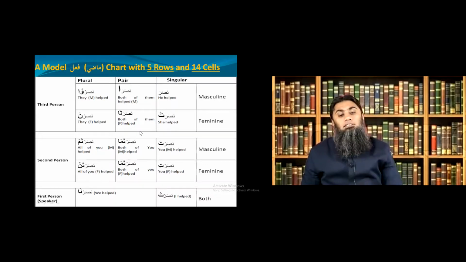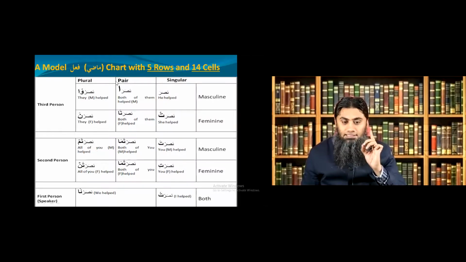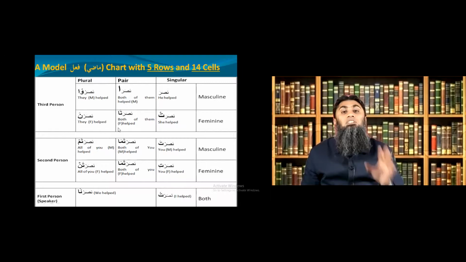My advice is that you read like this, but with understanding. First understand the structure of the chart and then read like this in this sequence 10 times. I'm telling you out of my experience. Okay, read it 10 times like nasara, nasara, nasaru, nasarat, nasarata, nasarna, and so on.